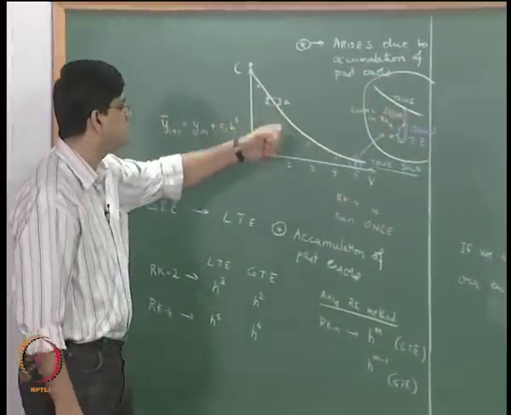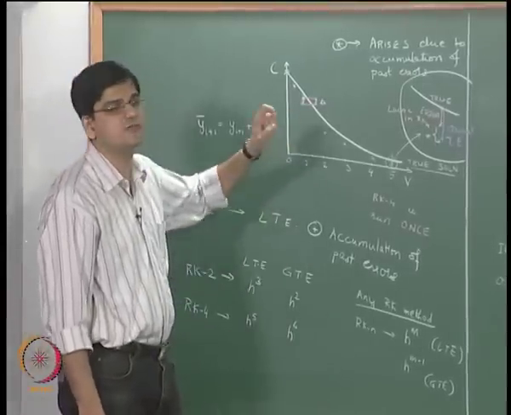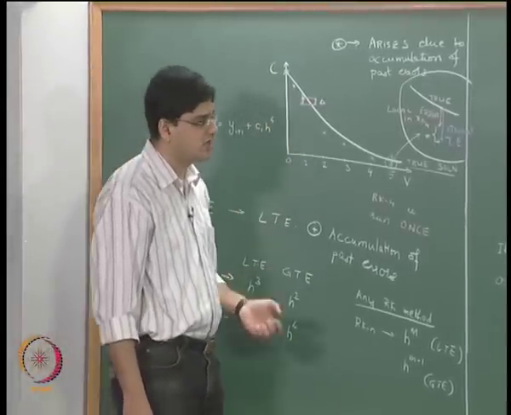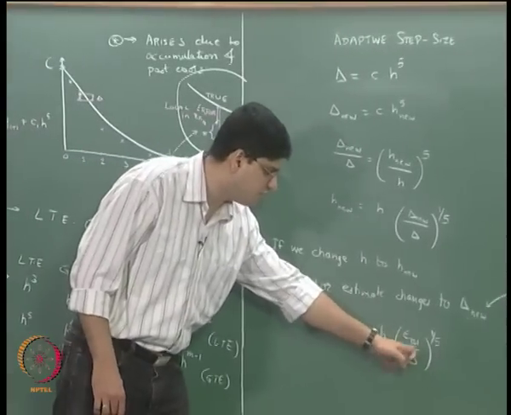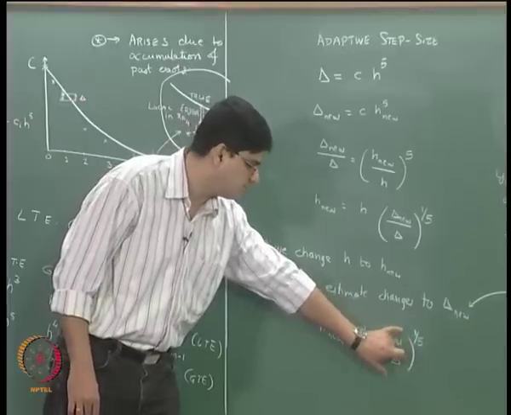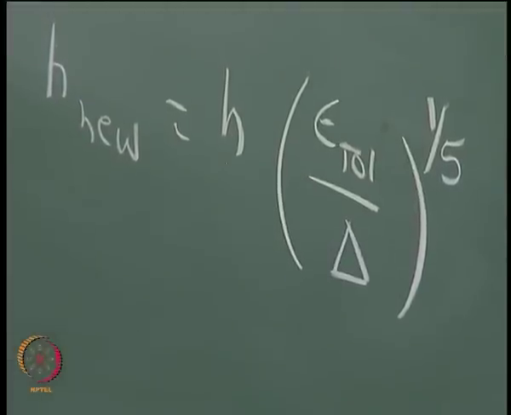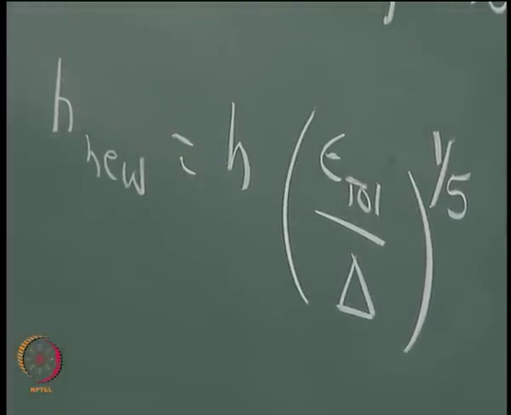So if this delta is too large, what we are actually going to do is shrink the step size. If delta is larger than the epsilon tolerance, this number is going to be less than 1. If this number is less than 1, h is going to shrink a little bit.